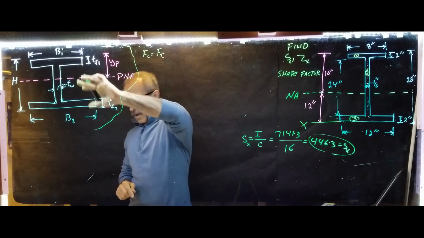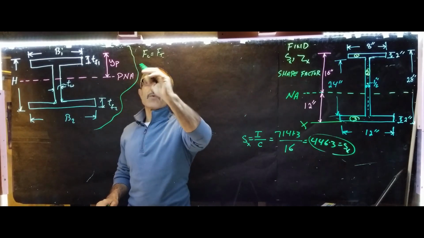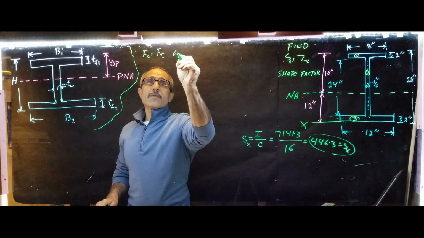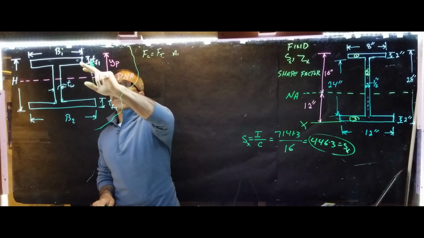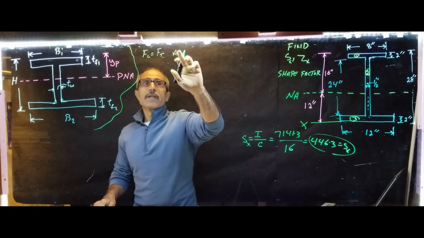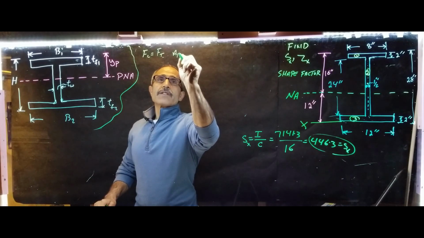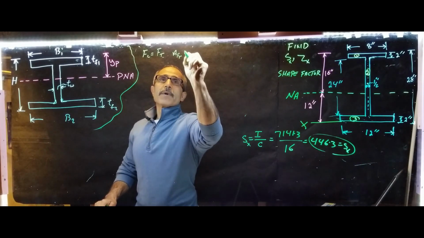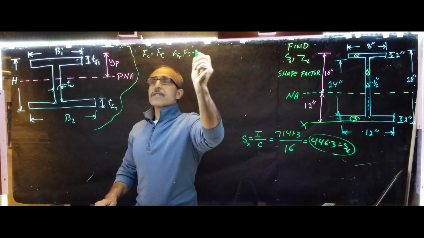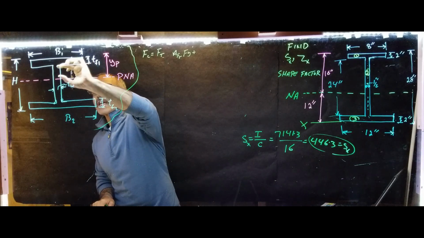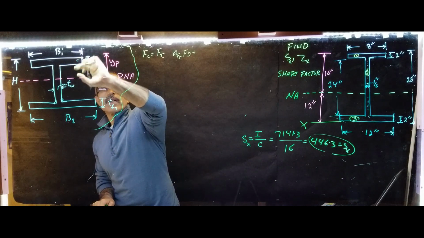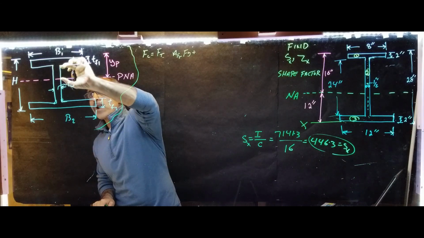Now look at how we have this here. Basically, I want to say A1, which is the area of this right here. Let's call this 1 for now, but I don't want to confuse it because we're going to use that number again. So the area of the top flange times Fy, that's the compression on top. Then from here, I'm looking for this area of the web, just this section.